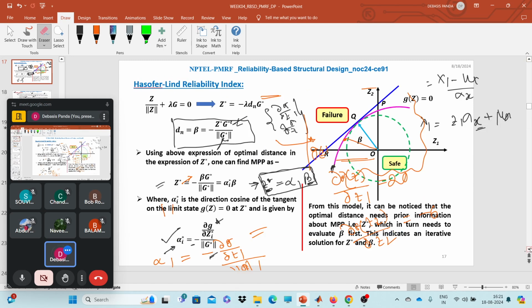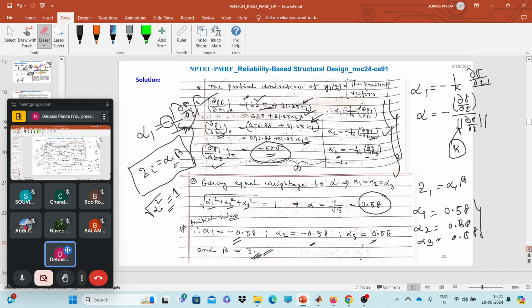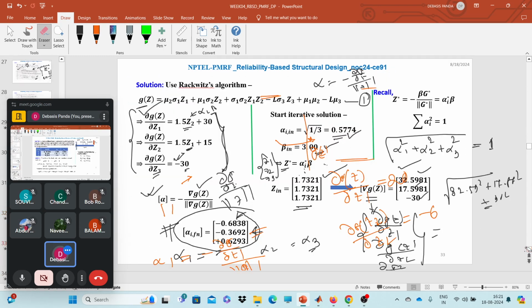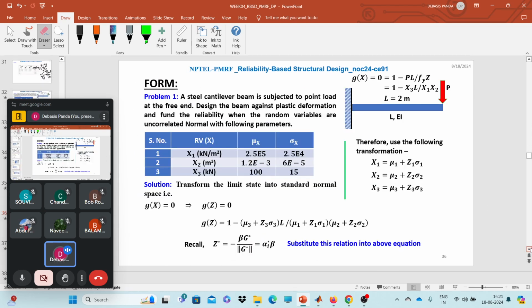So here is the algorithm. And one more thing, we have already seen the lack of invariance problem here. If we use the Rackwitz algorithm to solve it, the estimation values are as follows.